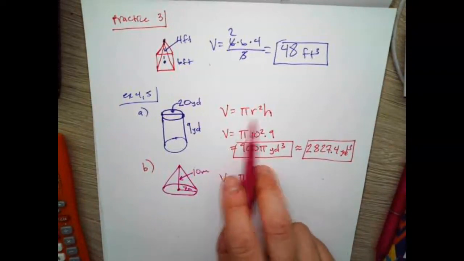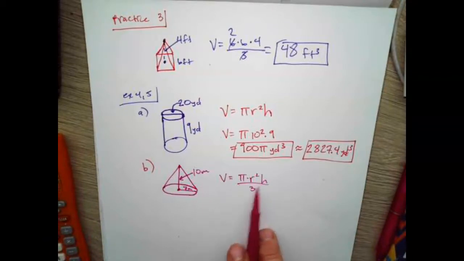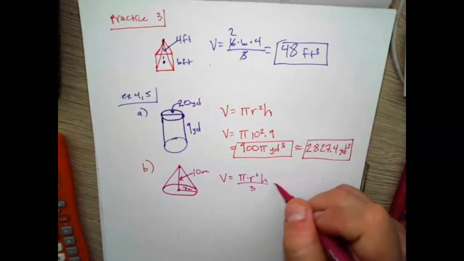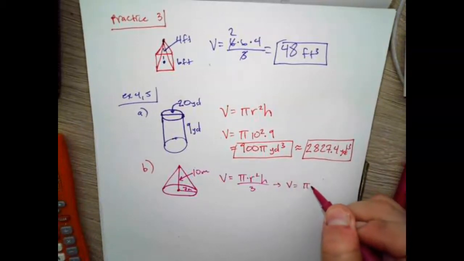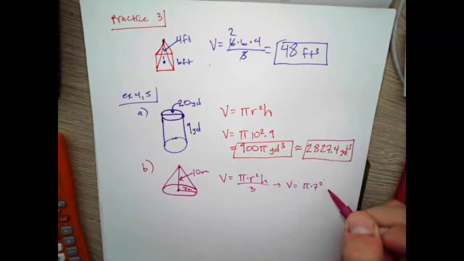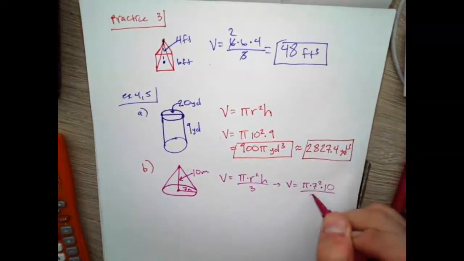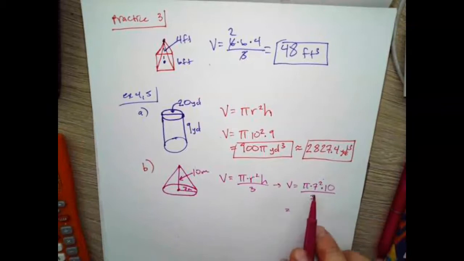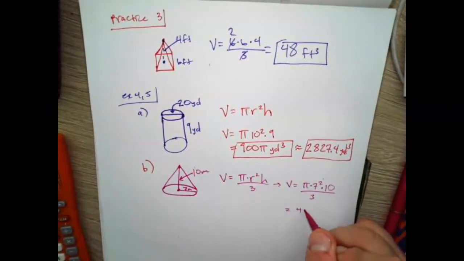Again, you see your cylinder formula, pi r squared h, and your cone formula for volume, pi r squared h divided by 3. So this cone here, pi times radius squared, so 7 squared times the height, which is 10. Then we'll have to divide by 3. 7 squared is 49. 49 times 10 is 490.